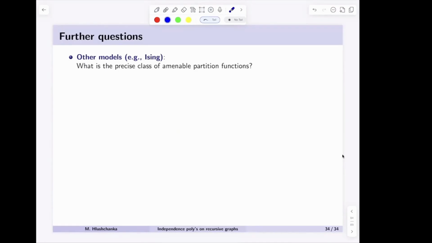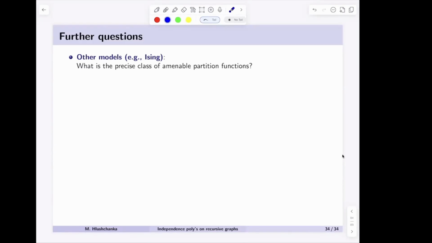If we have a situation where the model has some local behavior, like the Ising model or the Potts model, then we could still do this recursive procedure. The corresponding partition functions would still be described by some dynamical systems. So we could set up this iteration and still talk about zeros, about vanishing of these coordinate maps for these partition functions.